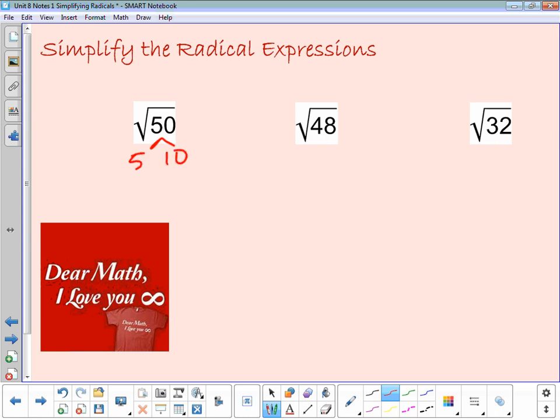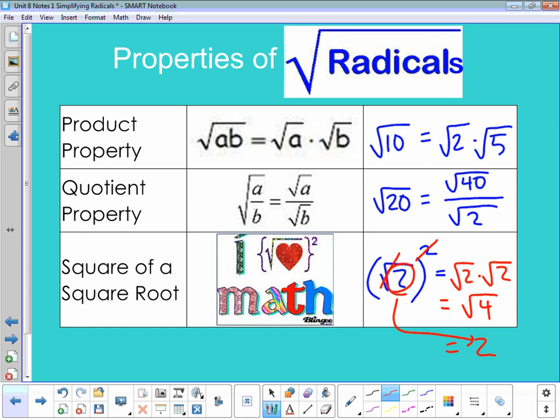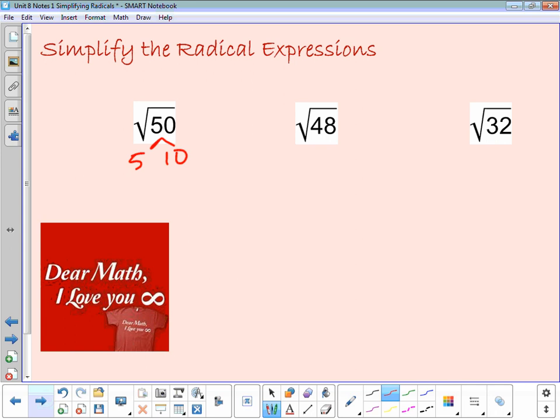Now what I'm looking for is a pair of numbers under the radical. Just like I had in the last slide, where I had the square root of 2 and square root of 2, anytime I get this pair, like I have two 2's here, I can take that outside, just like it happened here. So if I look at 50, I break it down into 5 and 10, then I can break the 10 down into 5 and 2. The 5 is just 5.